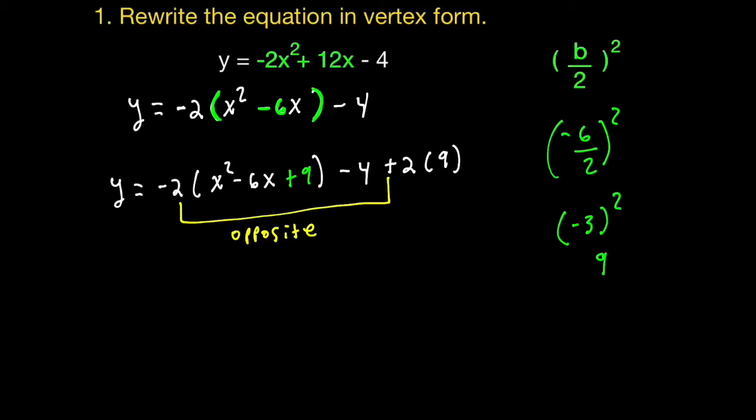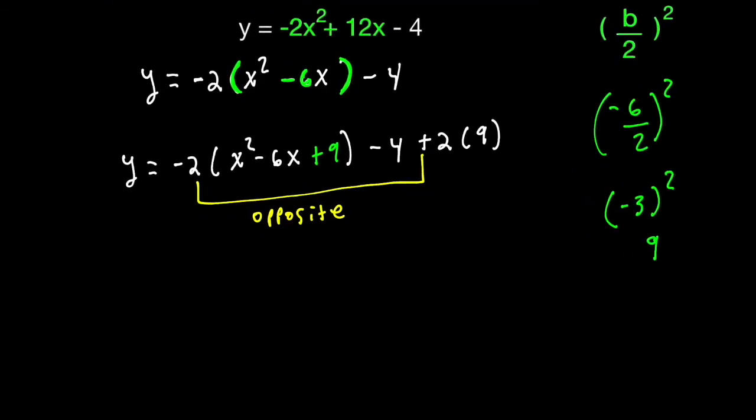And now I can begin to simplify this equation. I have y equal to negative 2. I can exchange the perfect square trinomial for a binomial squared by grabbing x and adding half of the coefficient of x. So half of negative 6 is going to be negative 3.